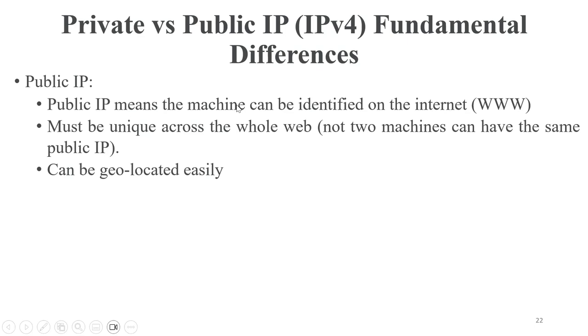If they can find which IP address it was operated from, they can easily locate the person who did those activities. Now my public IP address is available on the internet.